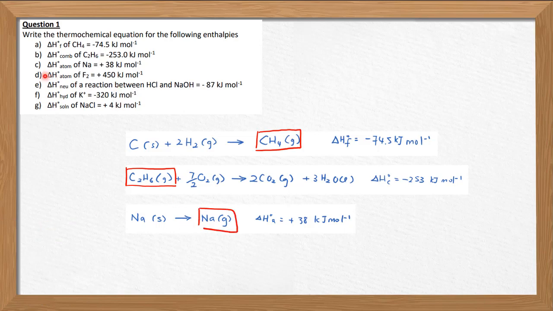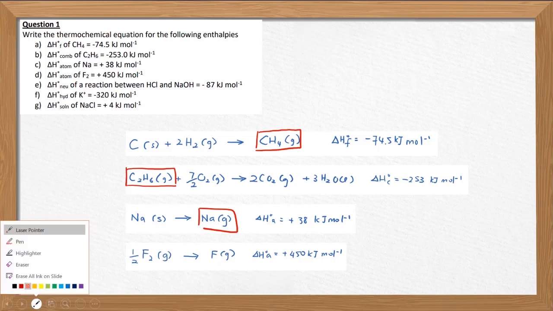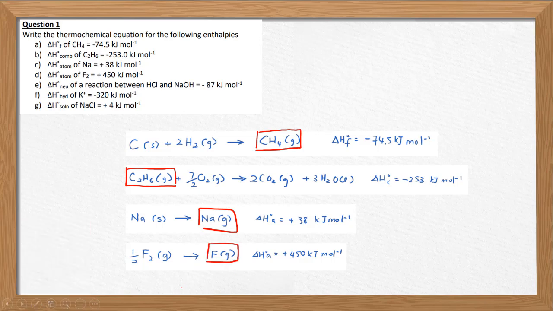And number 4, D, enthalpy of atomization for F2, again, heat absorbed. So heat absorbed when 1 mole of the gaseous atom is formed from its element, and this element should always be in standard state.